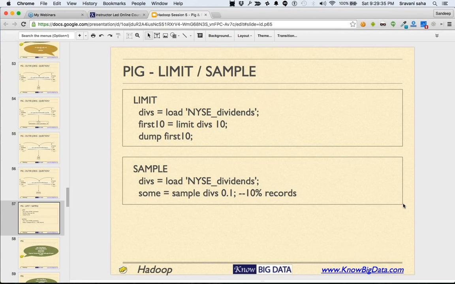So when I say sample divs 0.1, it means 0.1 fraction of divs should be picked up from divs and kept in sum. So that is quite a useful command. It gives us the random records.